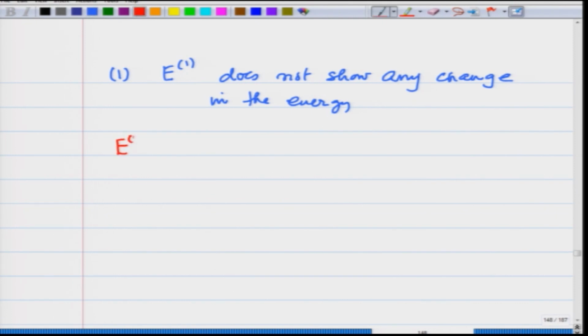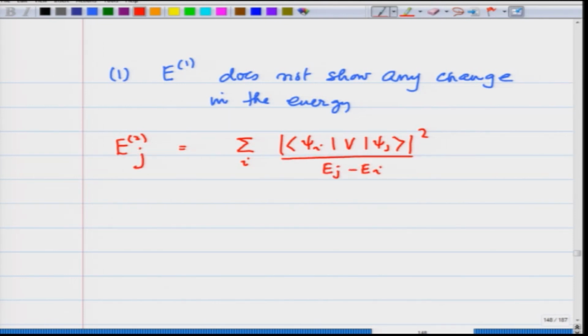Let us calculate E 2, which is equal to the summation of mod square of psi i V psi j over E j minus E i, and this is for the jth level.